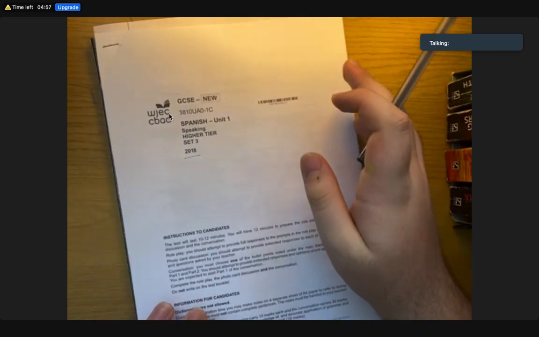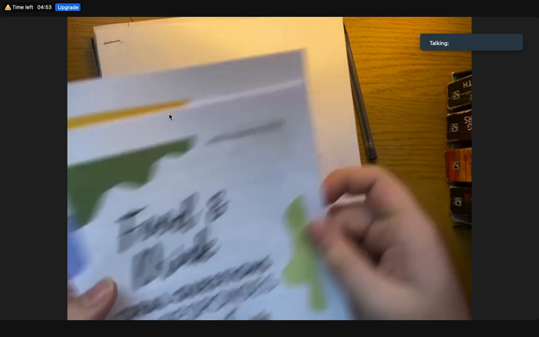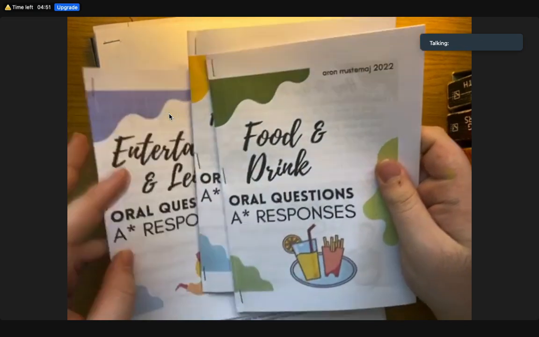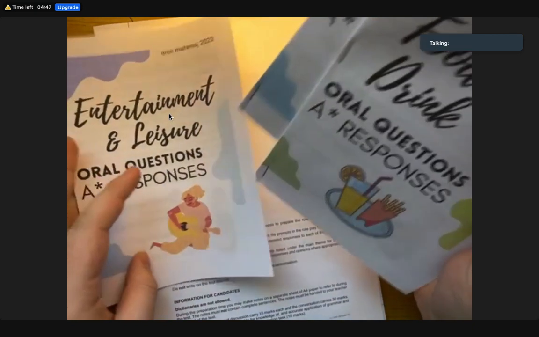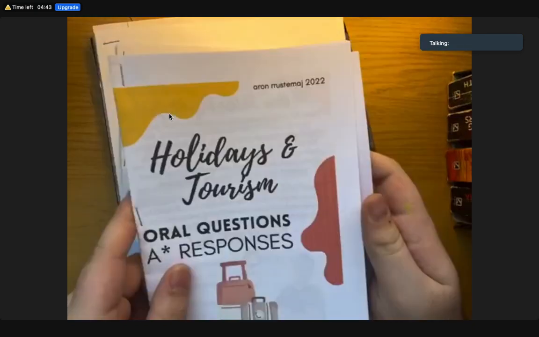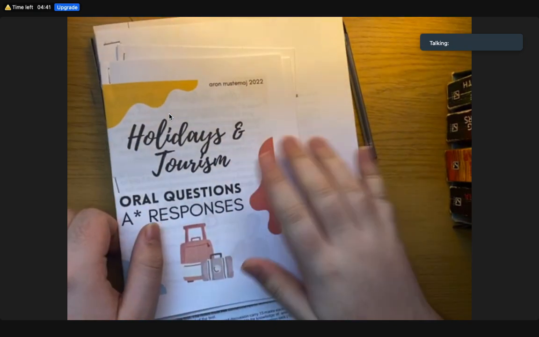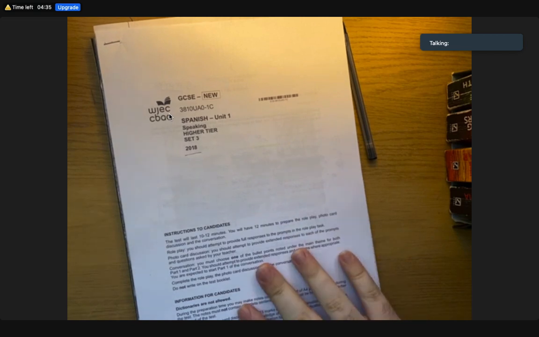Like I said, the booklets that I made, because I am in the process of making more. Currently, I've got, I think, 4 up. I've got entertainment and leisure, food and drink, holidays and tourism, and one more, technology and social media. I will be adding more as the year goes on and as I create more and more of them.